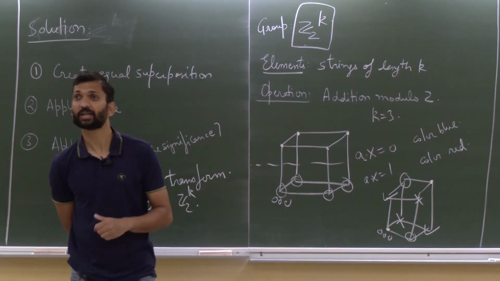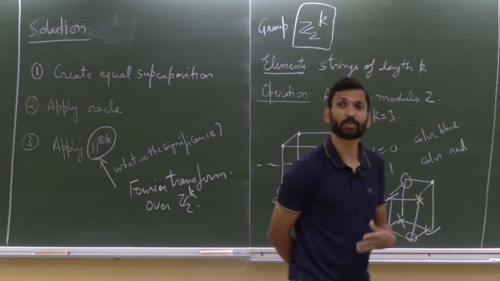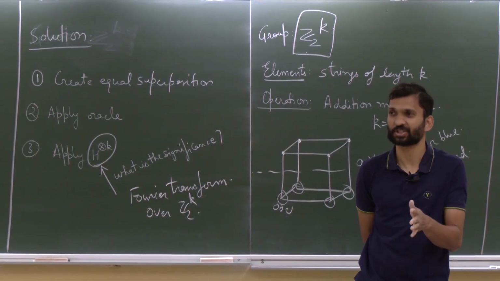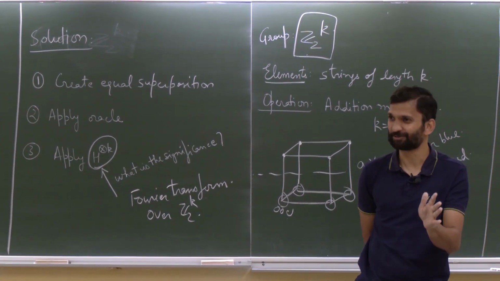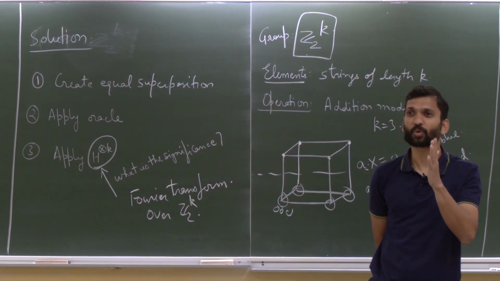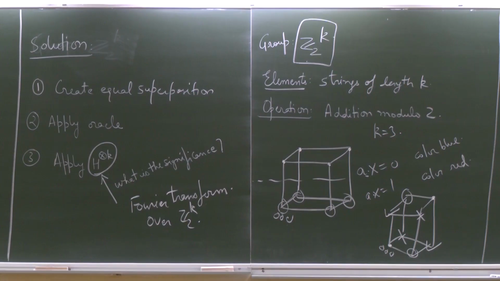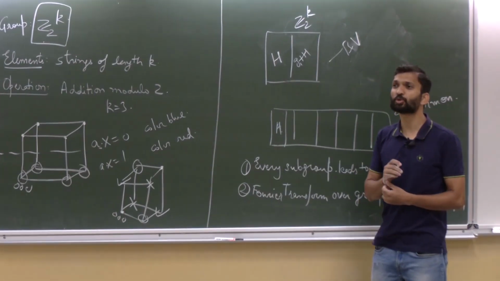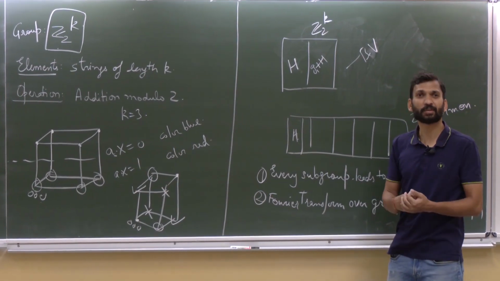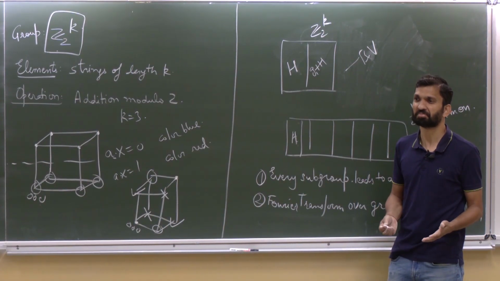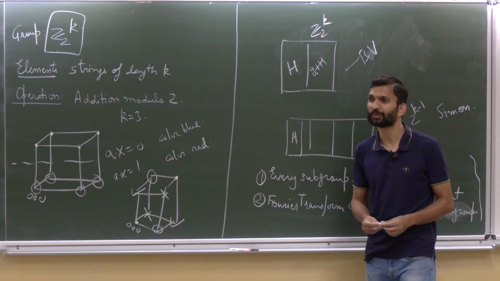Very good question, right? First thing is, whatever problems we have solved till now seem very artificial. We just wanted to show that quantum has advantage over classical. But now the question is, are there subgroups of Z2 to the power k where the problem becomes natural or fun? Probably not.